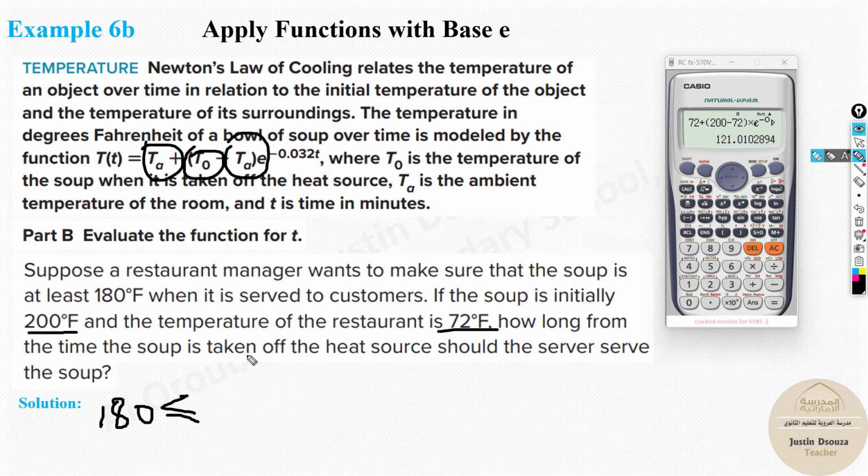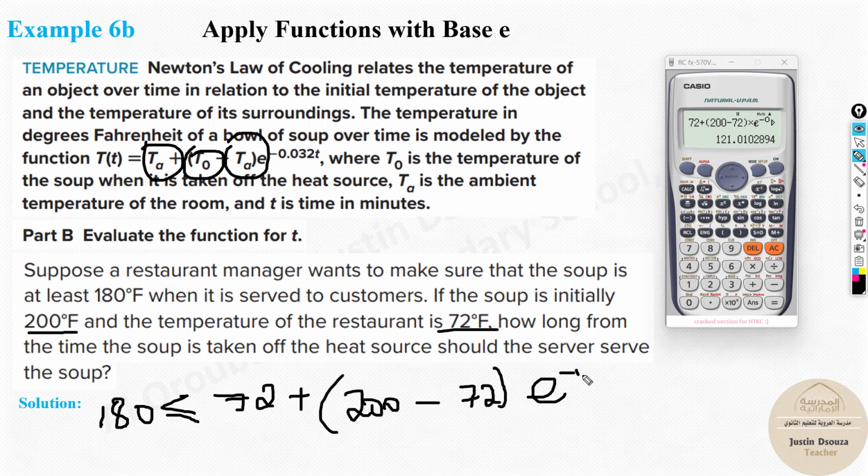TA is the ambient temperature, that is 72, plus what is T naught? T naught is 200, and here again we have minus 72, close the bracket, e to the power negative 0.032 t. So this t must be solved. Now since it's an inequality, you can't directly solve it.